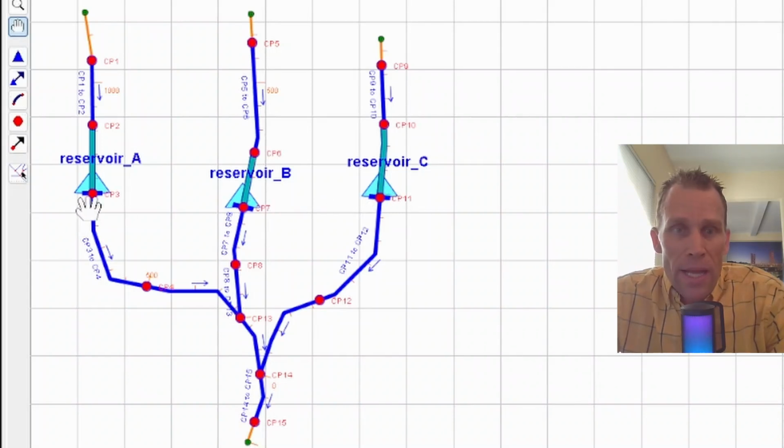So Reservoir A would have 18,000 acre-feet of volume. Reservoir B would have 27,000 acre-feet of volume. Reservoir C would have 36,000 acre-feet of volume. They would be 90% of their guide curve volume, but that would still be considered a system that is balanced.